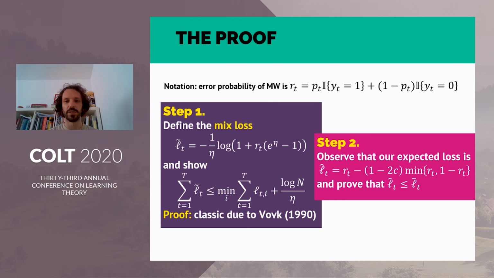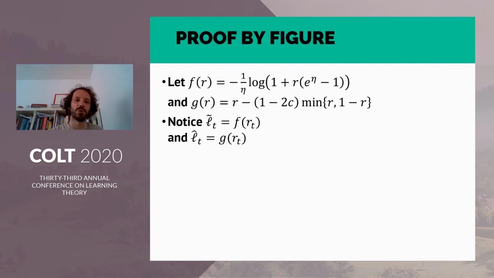And then the second step in the proof is to show that the expected loss of our algorithm takes the following form. It is some function that is upper bounded by the mixed loss, due to this expression that I'm showing on the left. The trickiest part in the proof is really showing that this inequality indeed holds.